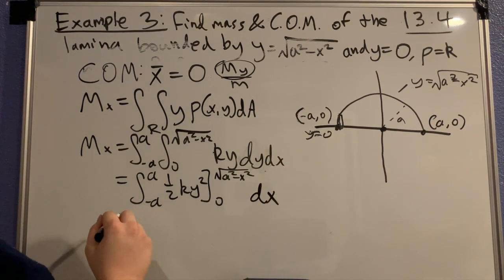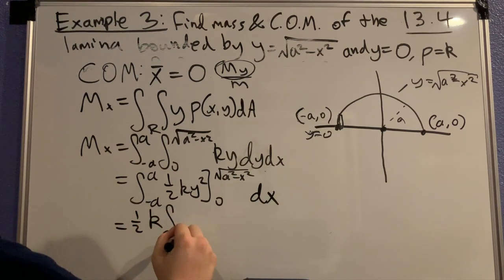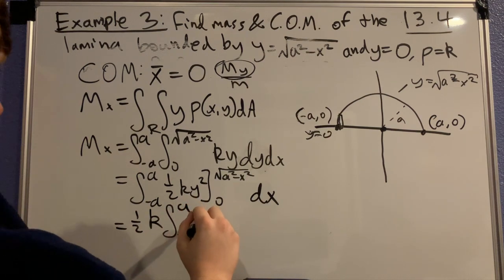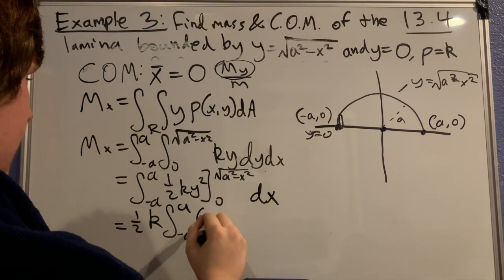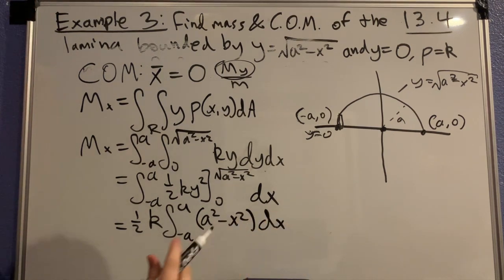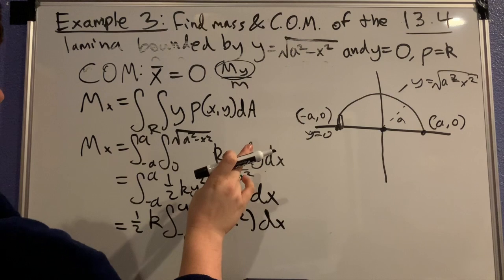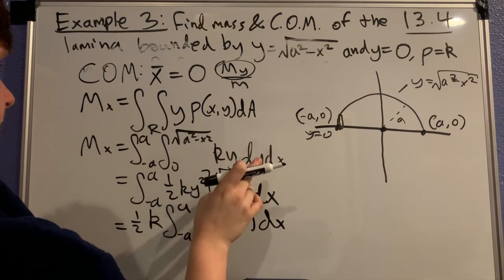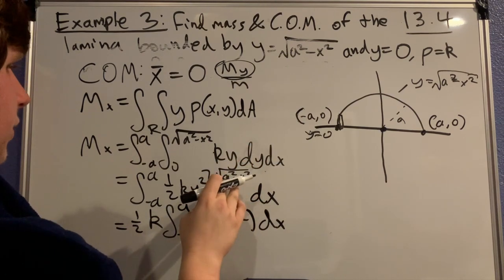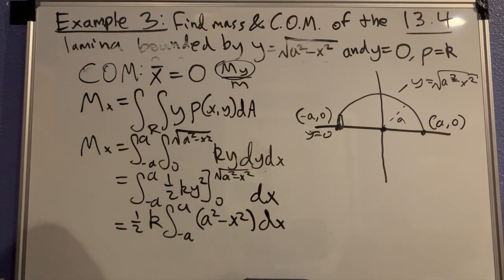This is just equal to 1/2 k times the integral from negative a to a of a squared minus x squared. And I took a little shortcut, but in the middle it's y squared from 0 to the square root of a squared minus x squared, and so you'd end up with just squaring this right here. And that's why you'd get that.